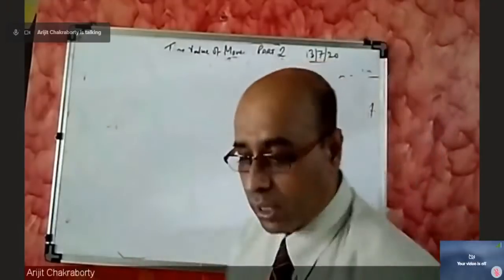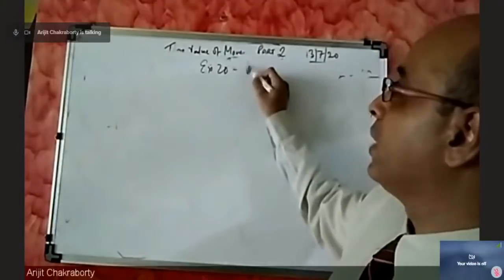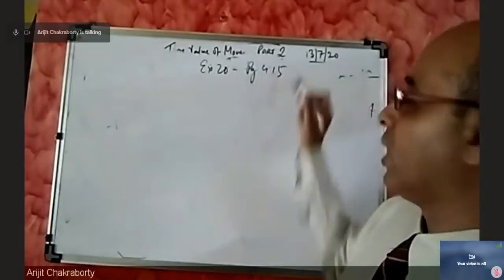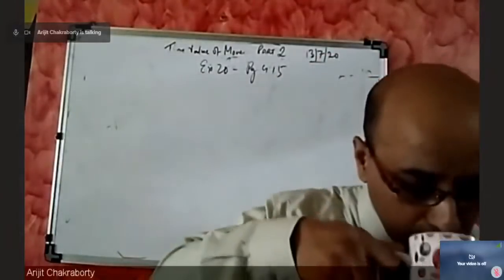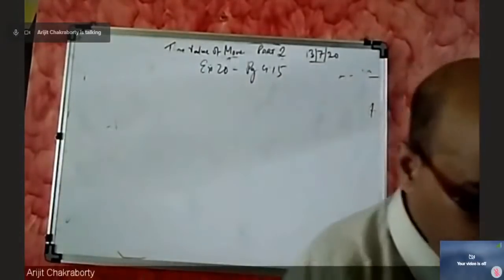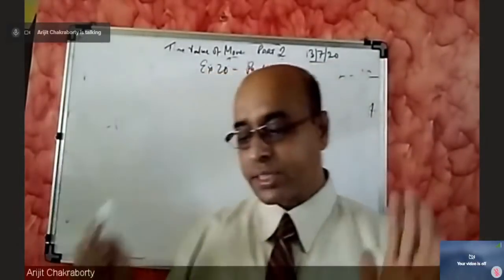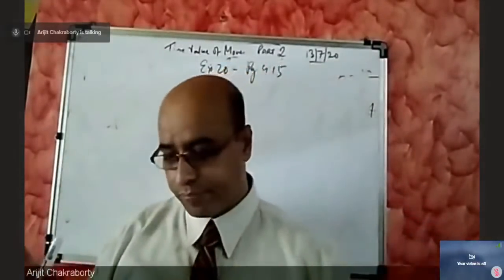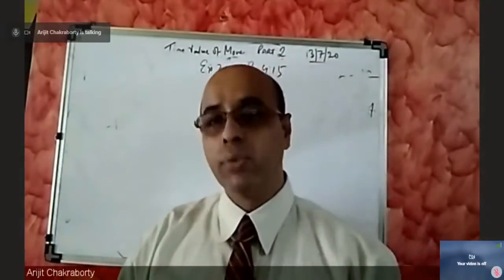Okay, and we are going to do example 20, page 4.15. Please open the example. Now, 16,000 rupees invested at 10% per annum, compounded semi-annually.